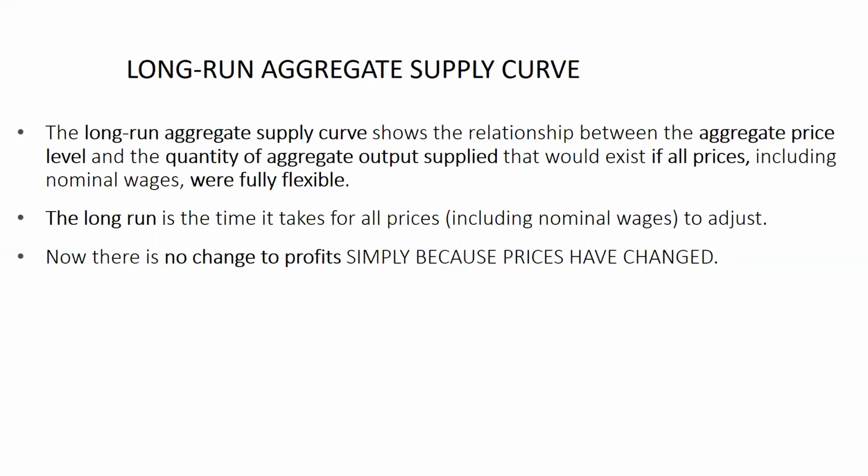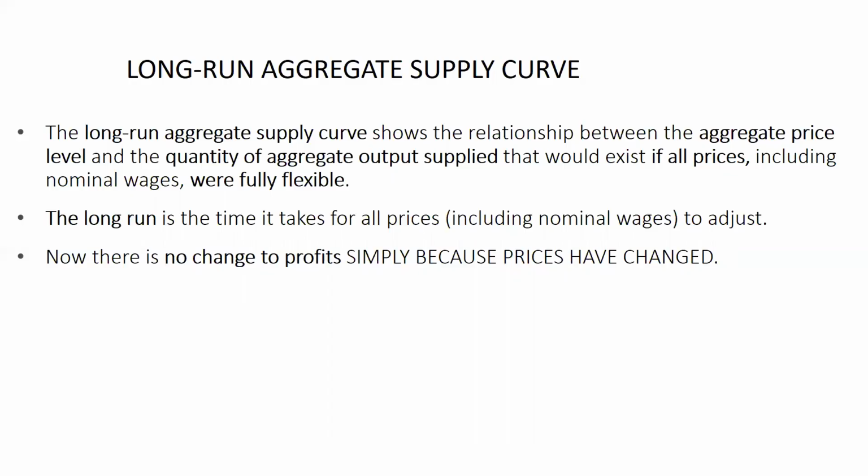And we define long run as whatever time it takes for prices to fully adjust, in particular including nominal wages. And now there's no change to profits because essentially all prices, including wages, have changed.